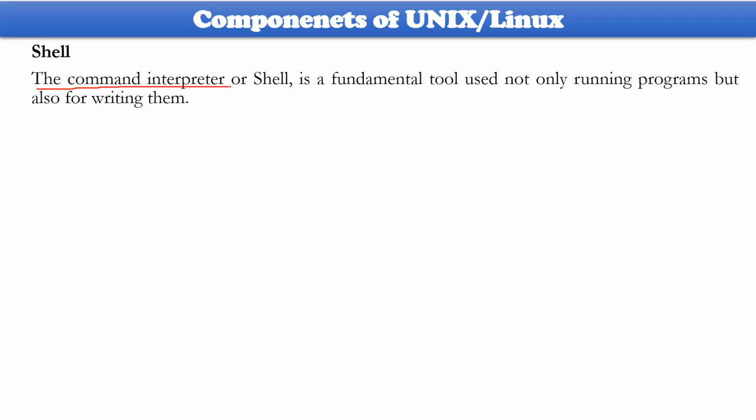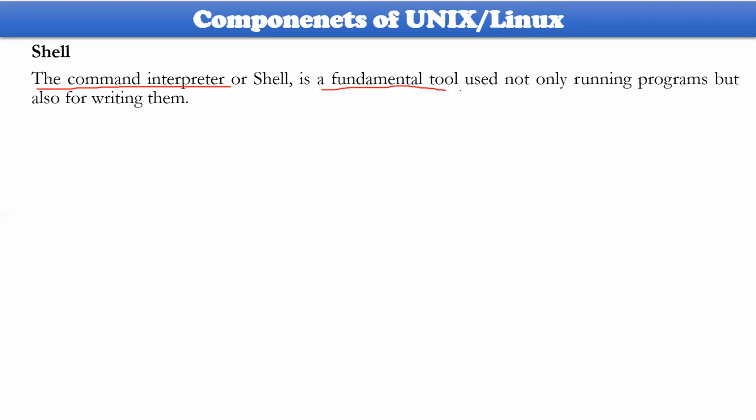As and when you type any kind of command, that command is interpreted into machine codes, and that machine code information is passed to the kernel. Of course, the kernel takes care of converting that machine code into signals, and the signals are sent to hardware. Therefore, the execution succeeds.